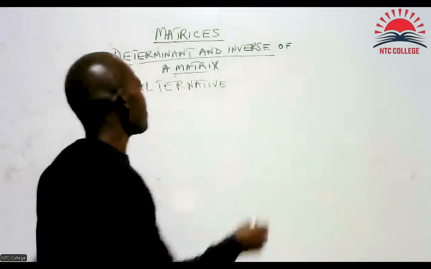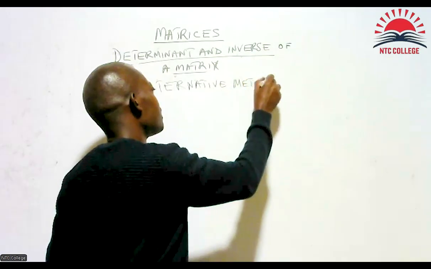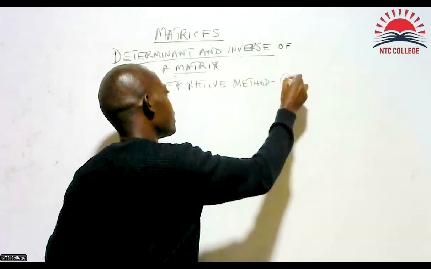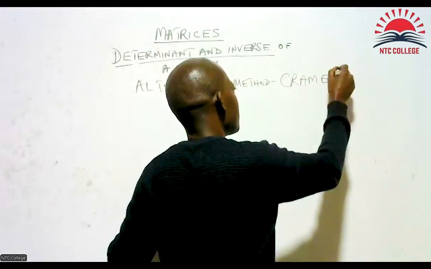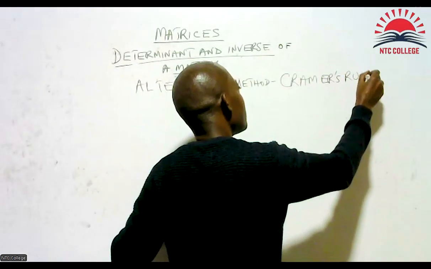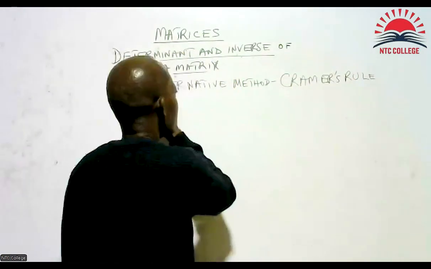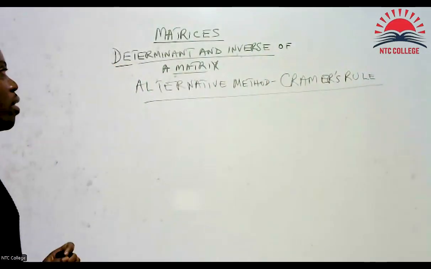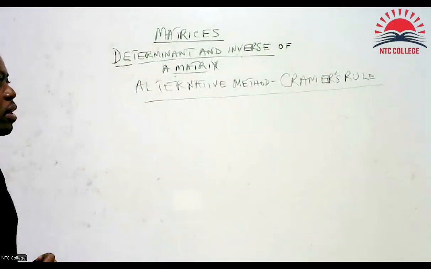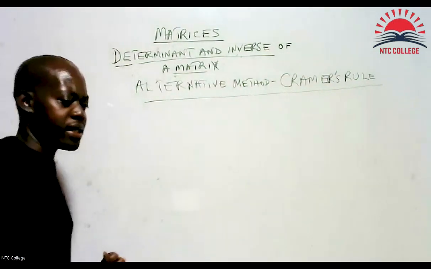So the alternative method, call it Cramer's. That's the name of a person, Cramer's rule. The alternative method is accordingly referred to as Cramer's rule, and we are using the same example.